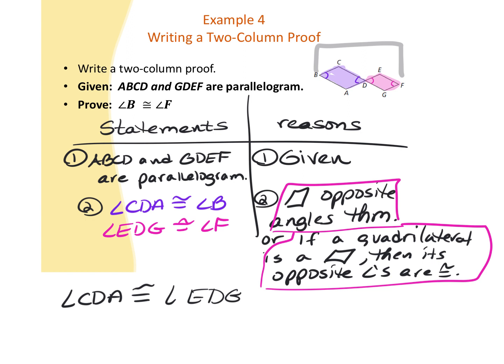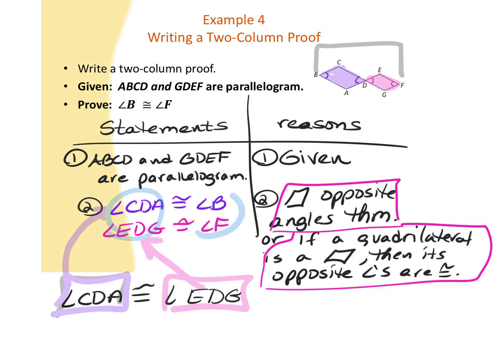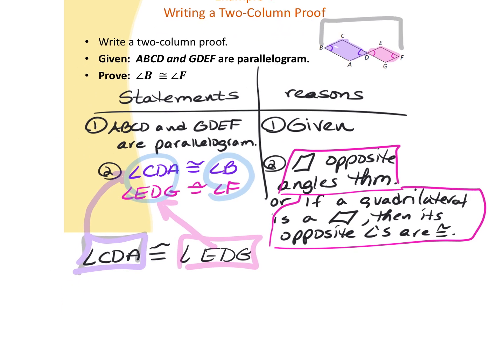So this was the purple one. And this was the pink one. And if you notice, they're right up above here. So now that since these two are congruent to each other, I could state that these two are congruent. And that would be substitution.